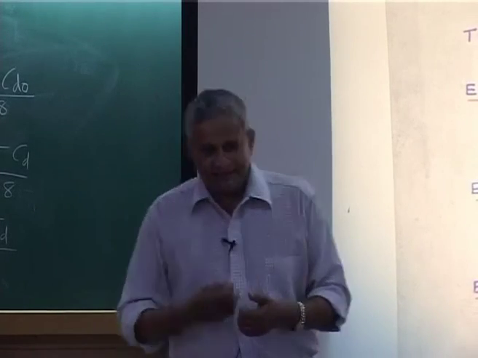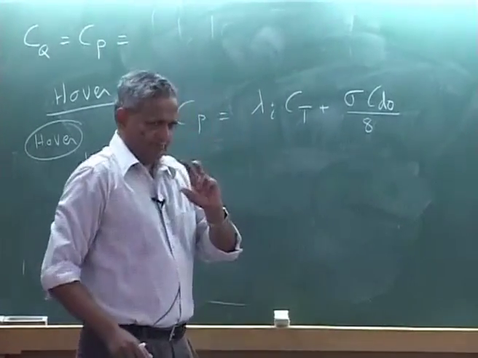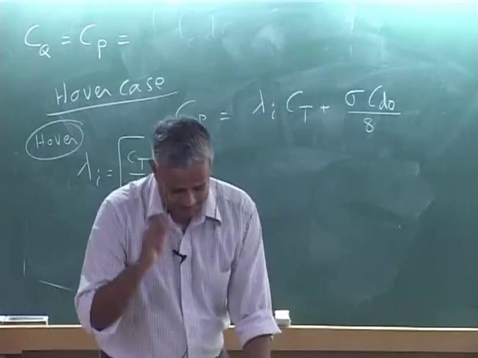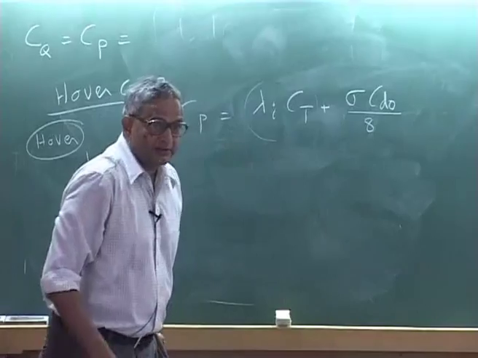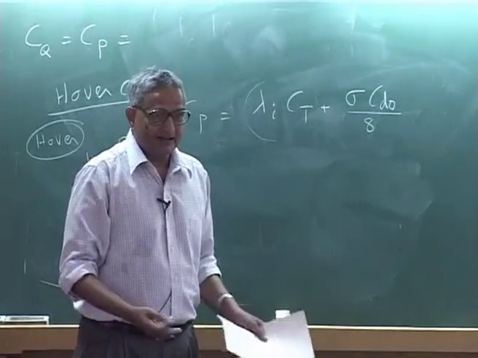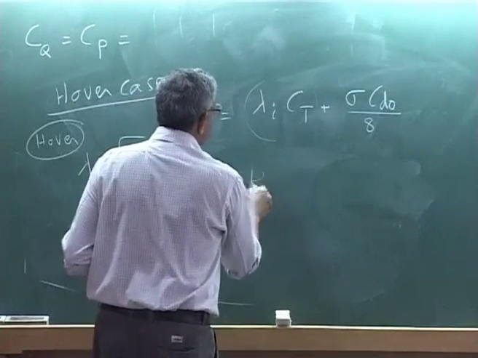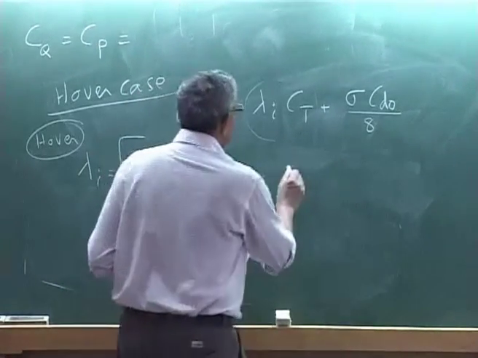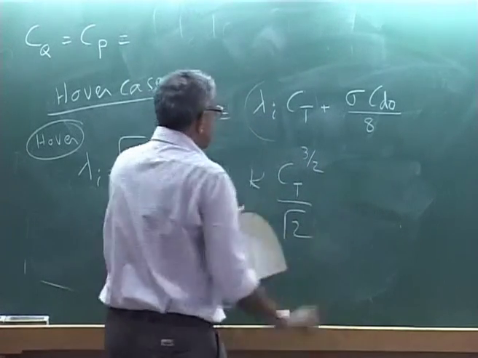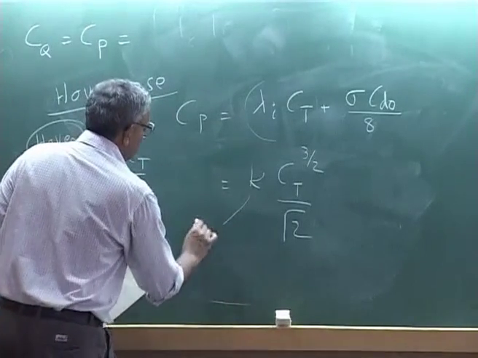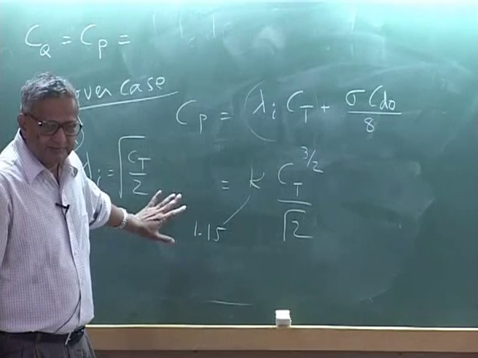So, empirically what is done is they add an empirical factor in writing this power expression, because of various other reasons, non-uniform inflow, etc. So, you write this with some factor k, which accounts for additional losses.